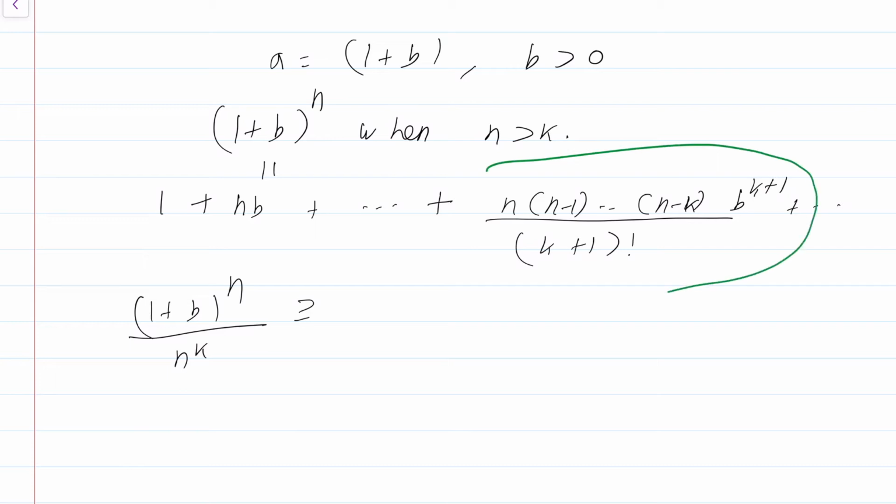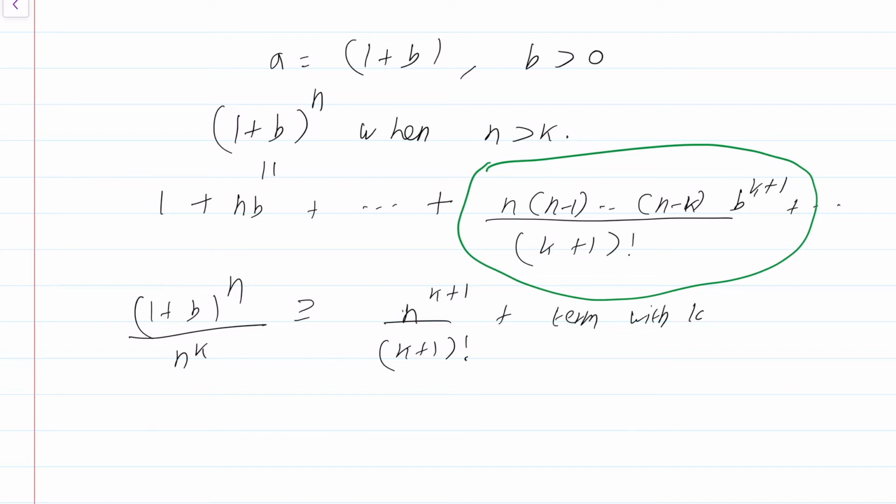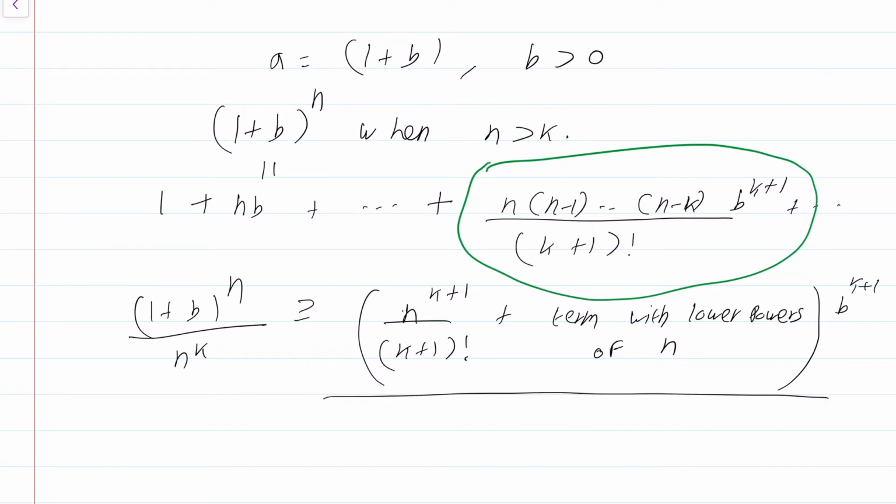Now if you look at this term and expand out n into n, n minus 1, dot dot dot, n minus k, it is easy to see that this whole thing will be greater than or equal to some n^{k+1} divided by (k+1) factorial plus terms with lower powers of n, and the whole thing gets multiplied by b^{k+1} and divided by (k+1) factorial.